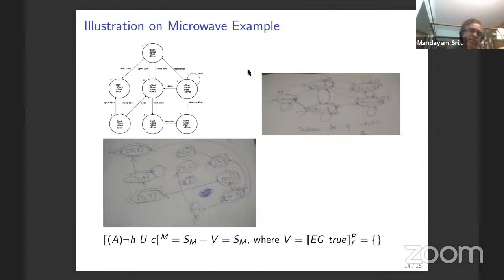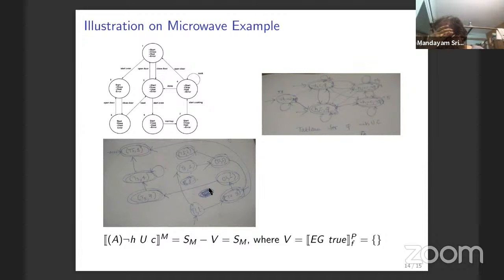You see, the number of states of the tableau is exponential, because it sets up all subsets. It's exponential in the size of the formula. The size of T phi in the worst case is exponential in the size of the formula.